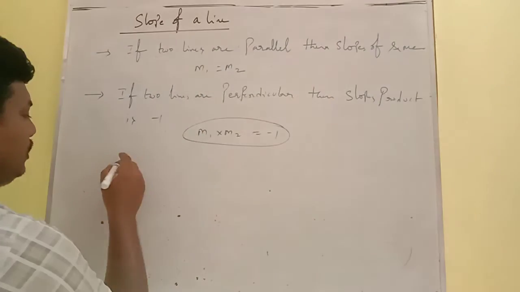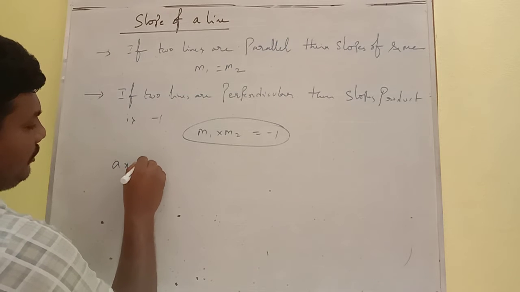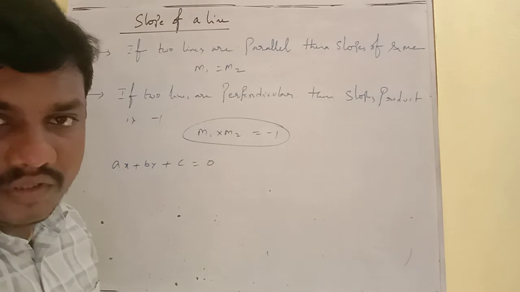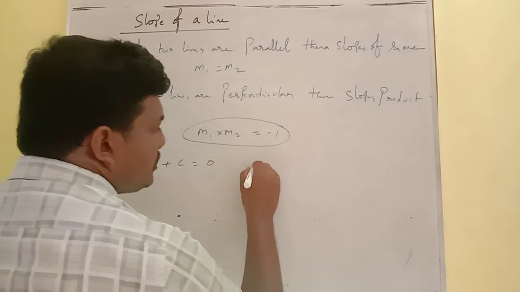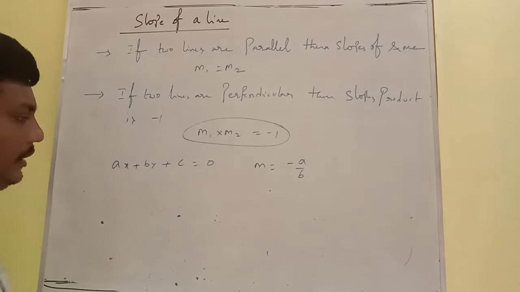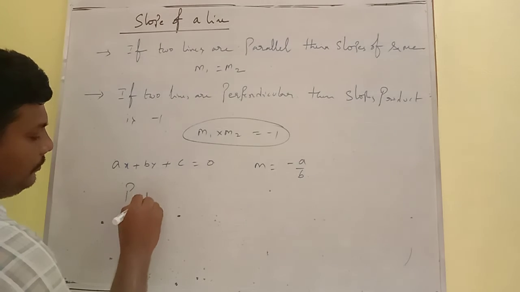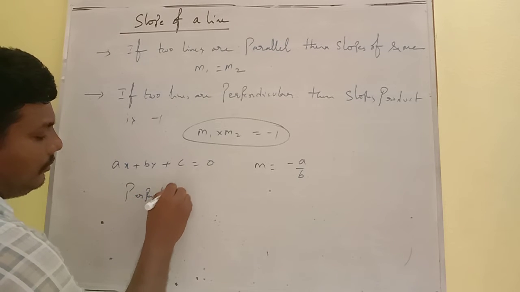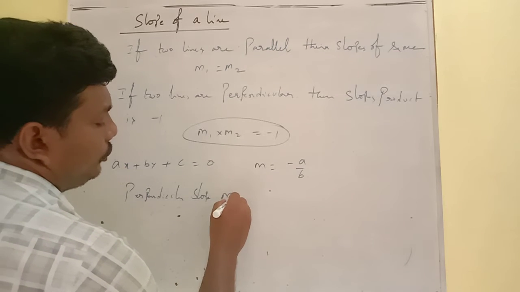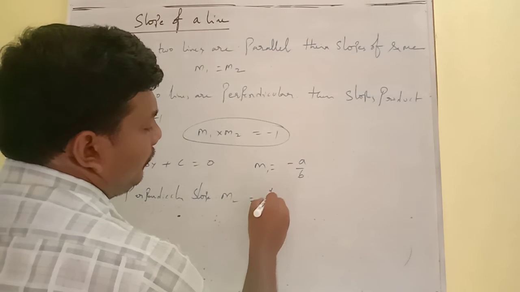Later, ax plus by plus c equal to 0 is a line whose slope m is equal to minus a by b. For the perpendicular slope, m2 is equal to b by a.